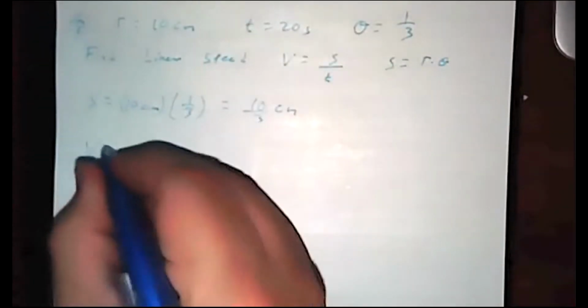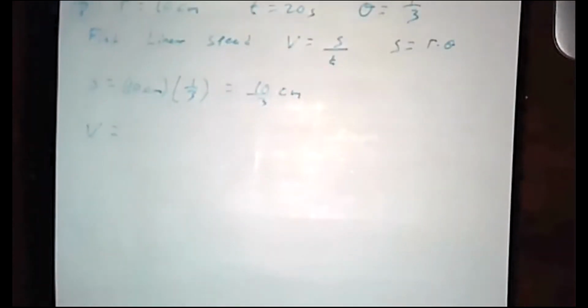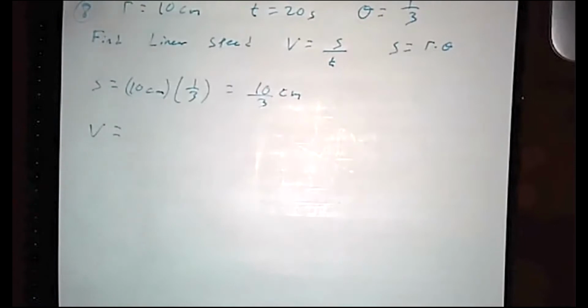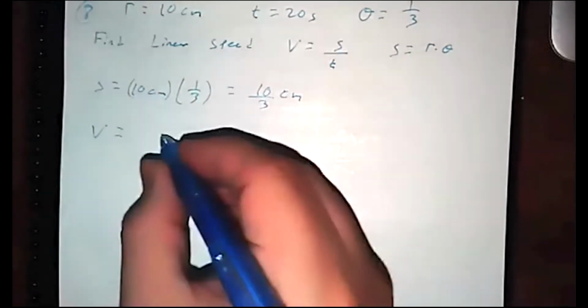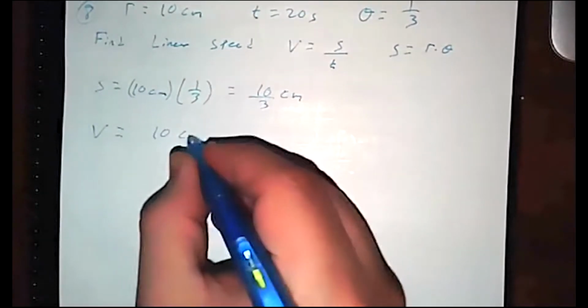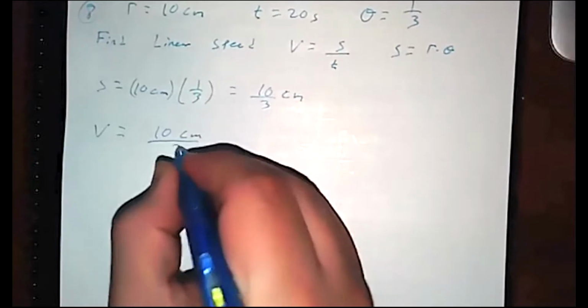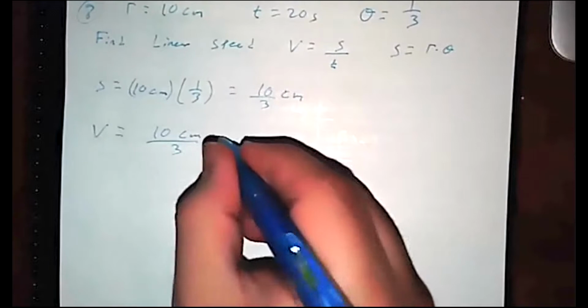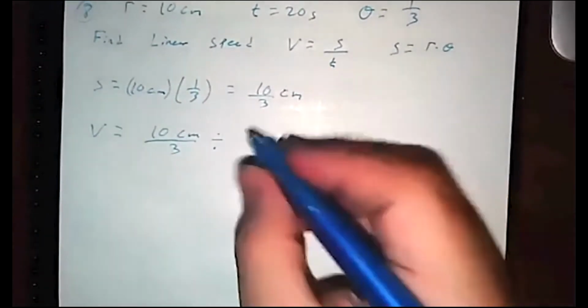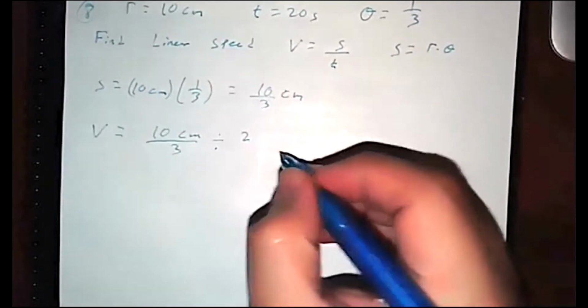So now velocity will be S divided by time. So 10 centimeters over 3 divided by time, right?